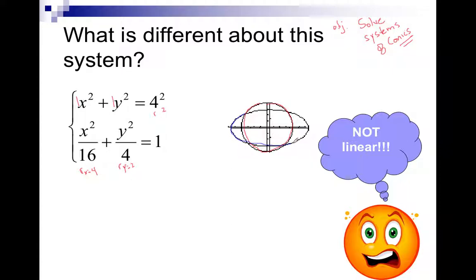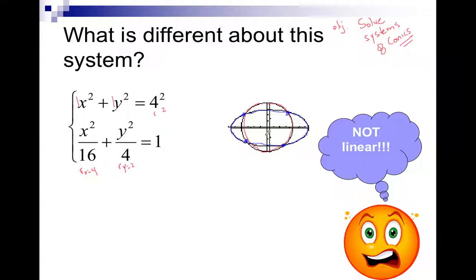Now graphing this is swell, and I can see how many points of intersection do I have? Right? That's not necessarily these two. I made a mistake. I was just trying to show you that if I have a circle and ellipse, I have lots of different possibilities, right?